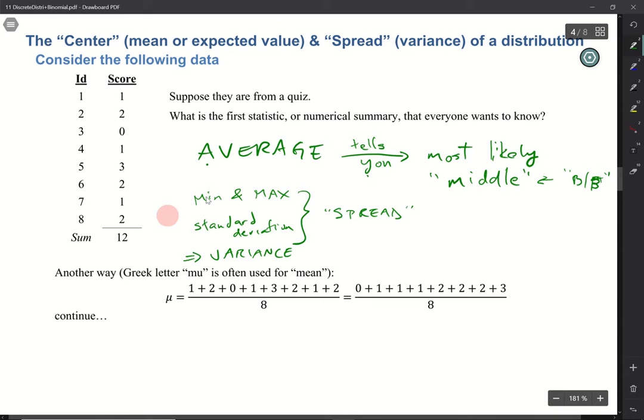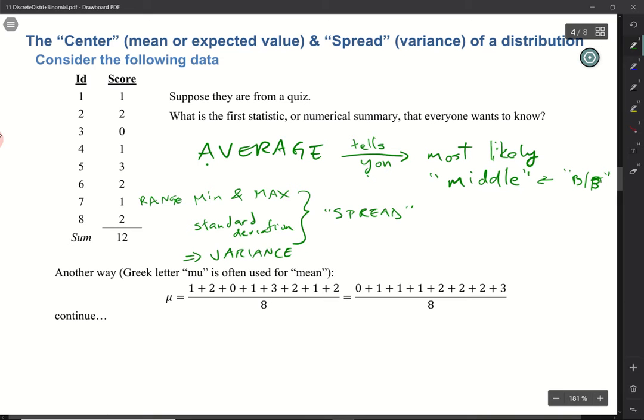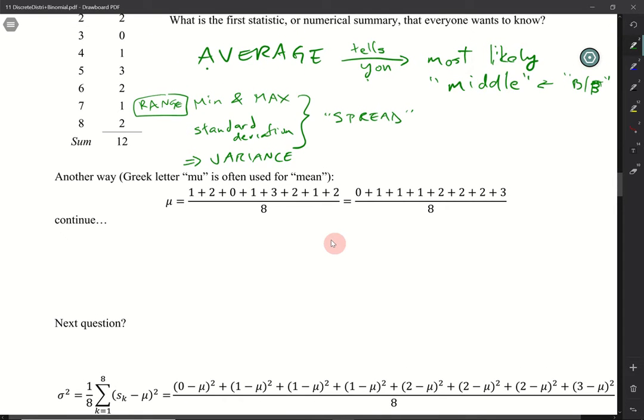So when you see a distribution or a bunch of numbers, a lot of times the first thing people want to know is, well, what's the average, what's the expected value, and then something about the spread, like this min and max, which is sometimes called the range. Okay, what's the spread? The standard deviation and the variance also give you some measure of the spread. Okay.